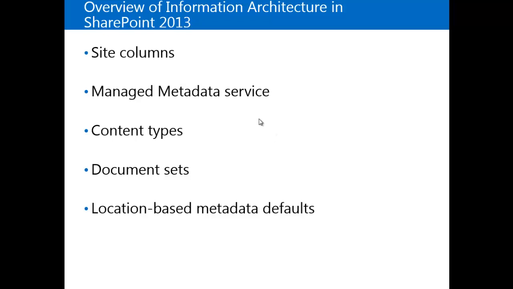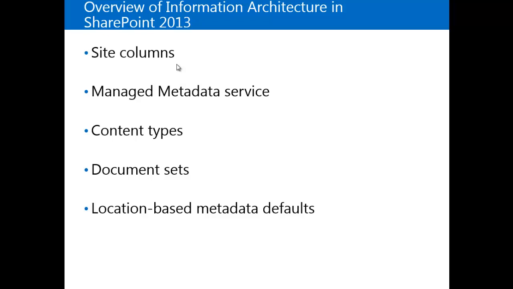First of all, site columns. You can create a site column at the site level to hold metadata information that can be applied to a list or library. Creating a site column makes that column available to all lists and all libraries in the site collection.